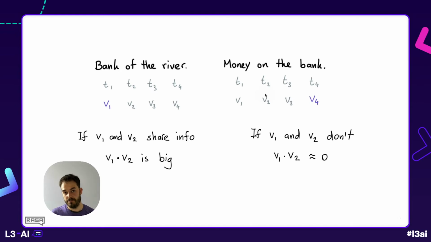And if the two vectors are very dissimilar, then the dot product between them is almost zero. Now we have to be careful with what exactly we mean with similarity here, there's subtleties, but if nothing else, we can take it as a proxy. If two word embeddings are similar, the dot product between them should be big. So then, how about we just use a reweighing mechanism based on just that?